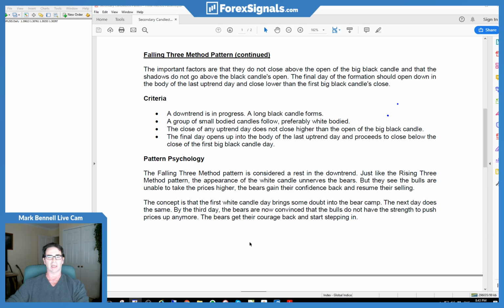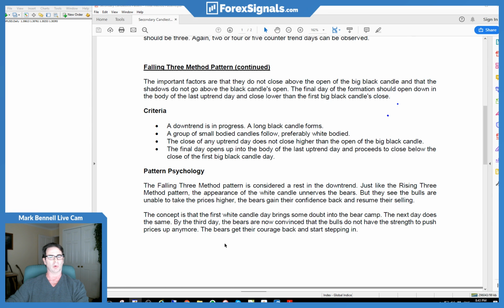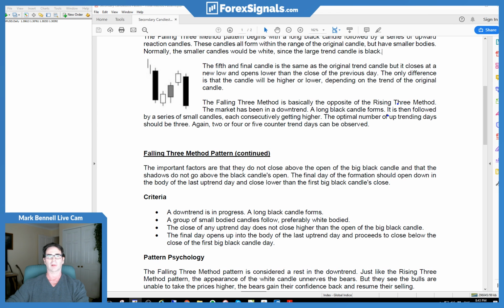The next day does the same. By the third day, the bears are now convinced that the bulls do not have the strength to push prices up anymore. Right? So because these candles here cannot even break and close into the high of the first one, above the high of the first dominant candle, the bears are not so worried now.